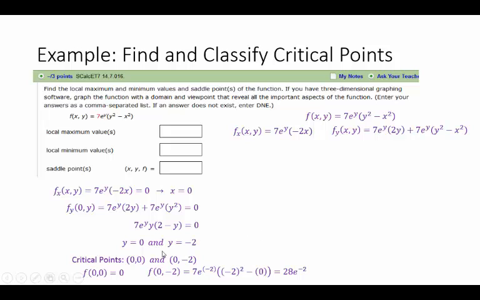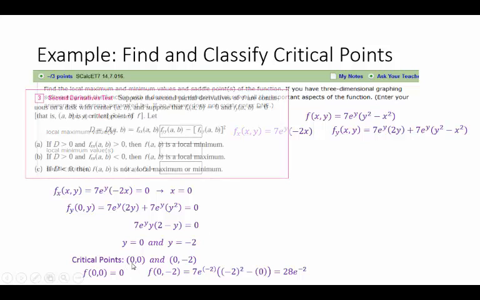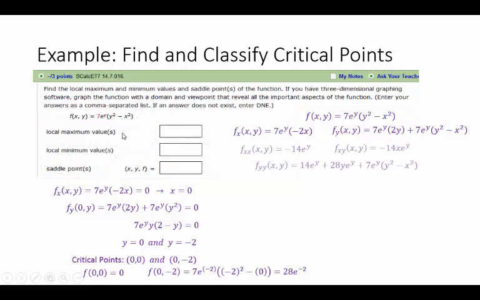Let's take 0, 0 first of all, and try to figure out what happens to the discriminant when we put 0 in for x and 0 in for y. So we need to find our second order partial derivatives, and here they are. We find the discriminant, and simplified it would look something like this.